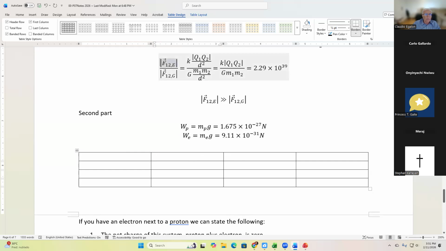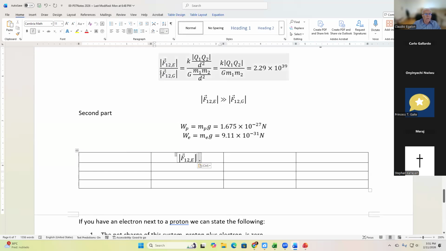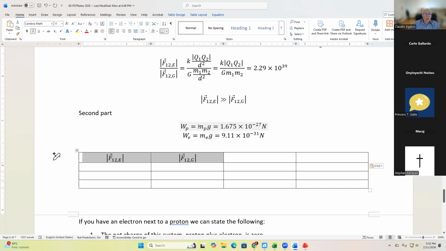Okay, electric force. Gravitational force. I'll have to put those here. And the weight of each particle.